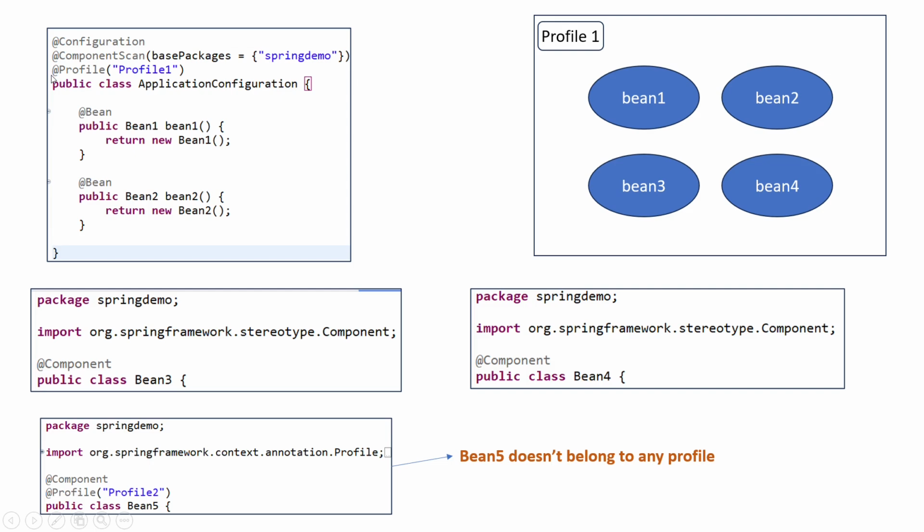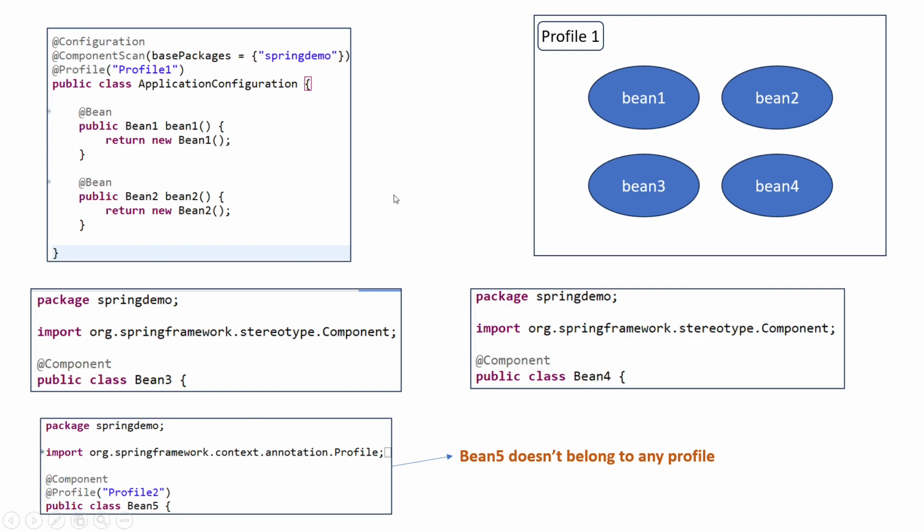Let's say you are using @Profile with component scan, and if you use the same profile here, it won't work. We will see it practically. So this bean 5 doesn't belong to that profile. That's what we need to understand. Anyway, we will see everything practically.